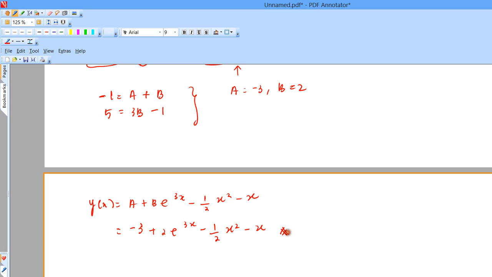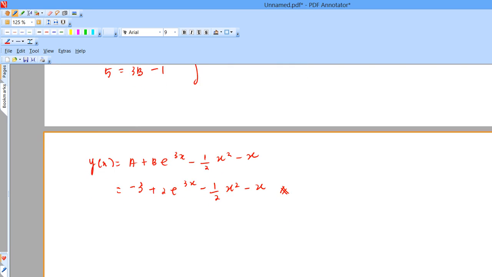So here, when we have an initial value problem, we know that we can find the value for the general solution for the homogeneous differential equation. Okay, thank you.